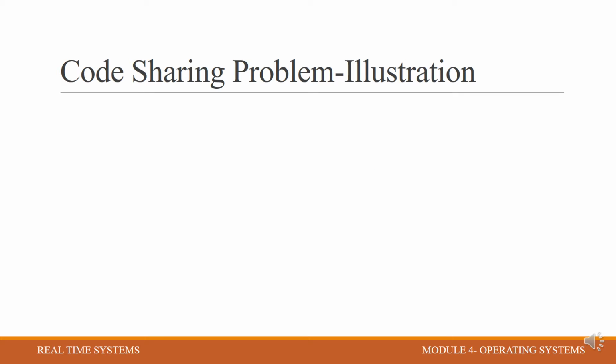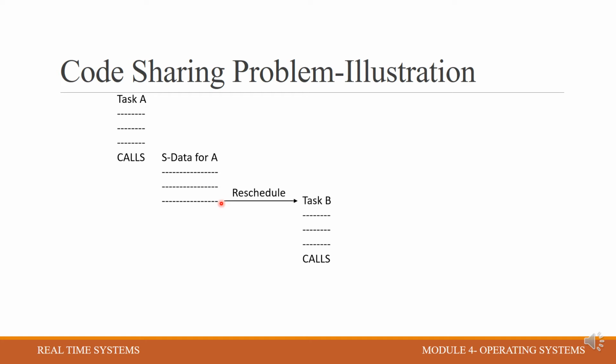Code sharing problem illustration. Code sharing means that two tasks share the same subroutine S. For example, if task A is currently executing, during the execution of the program it makes a call in order to use the subroutine S. Before it finishes its execution, a rescheduling will happen and some event occurs for task B to execute.